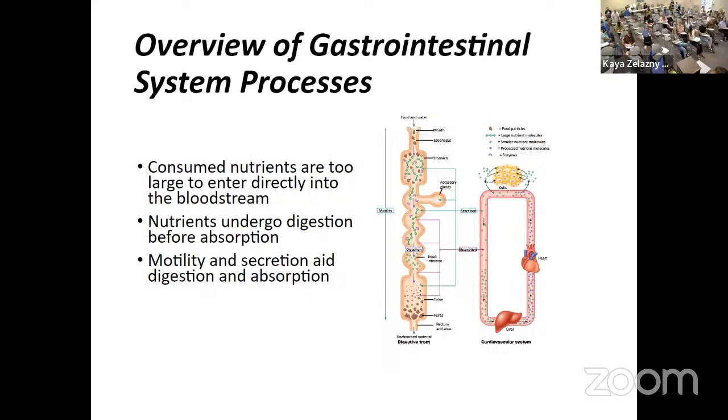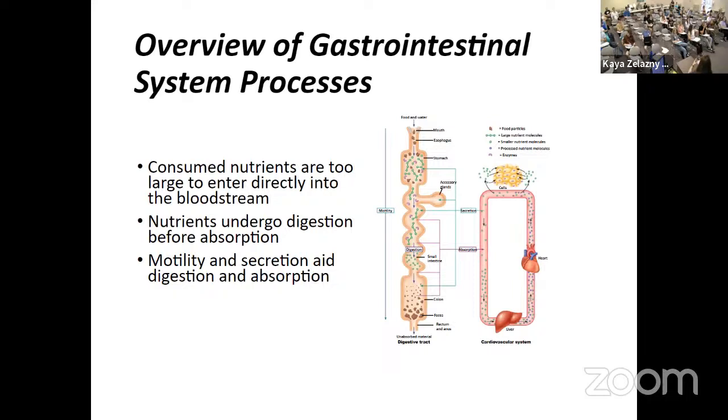Okay. So as we go through, we're going to be talking about that digestive process, that breakdown of the food, that breakdown of those molecules. We'll think about how those different types of molecules get absorbed across the walls of the GI tract and then into the bloodstream. And we'll also talk a little bit about how the structure of the GI tract allows food and the things you consume to move along.